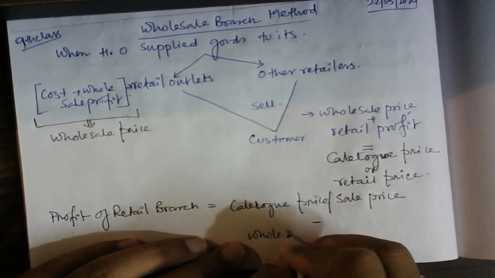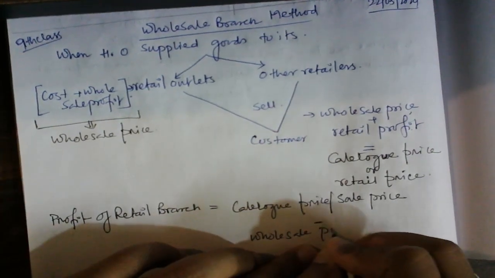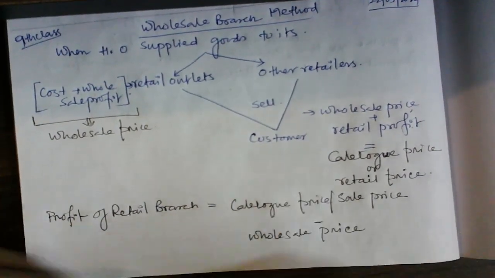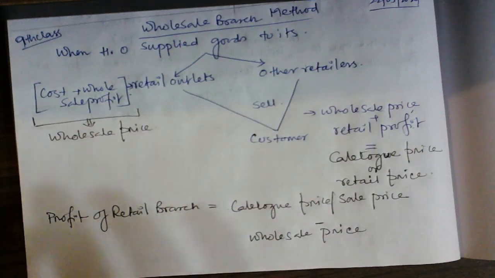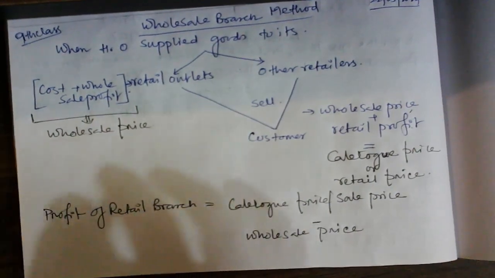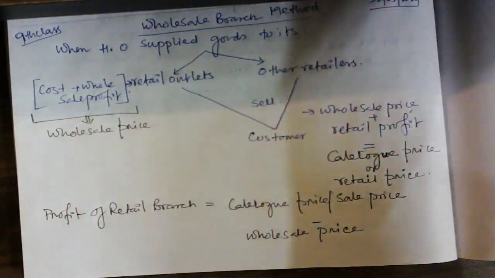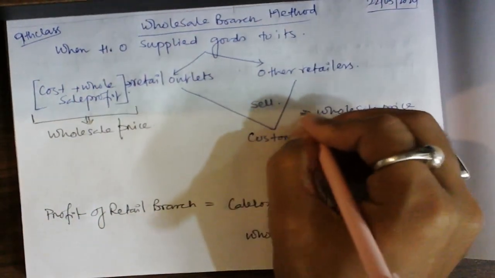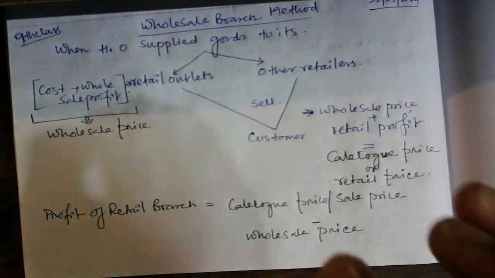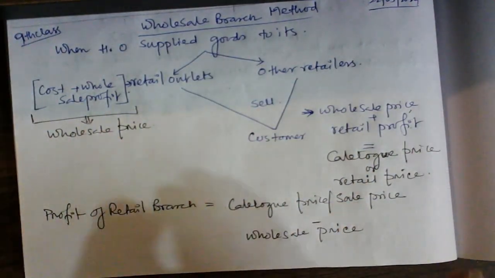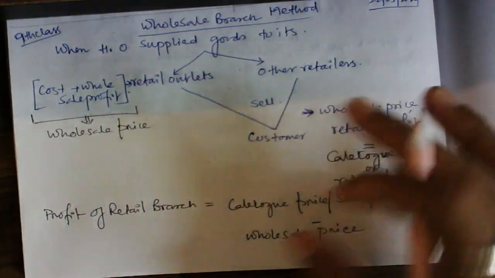I just interchange it. So this is the fundamental in terms of the profit of the retail branch. I am repeating again: wholesale price plus the retail profit is equal to the catalog price or the retail price. That is what we have done.